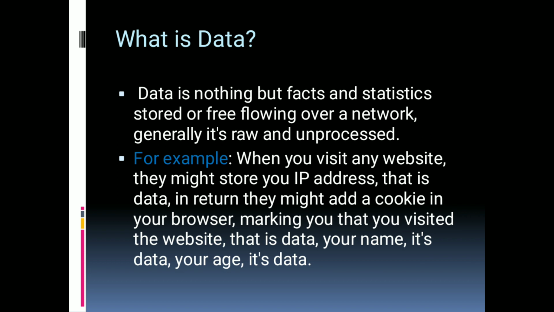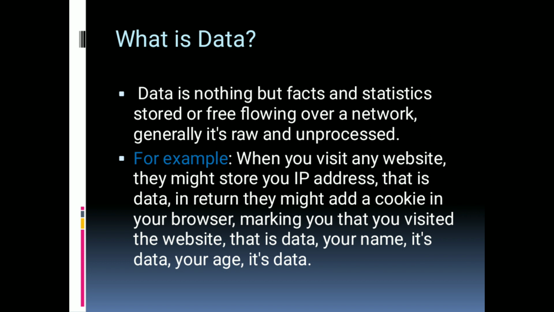So whatever information we have, whatever facts and statistics stored or free flowing over a network will be in the form of unprocessed data. So unprocessed information is called data.